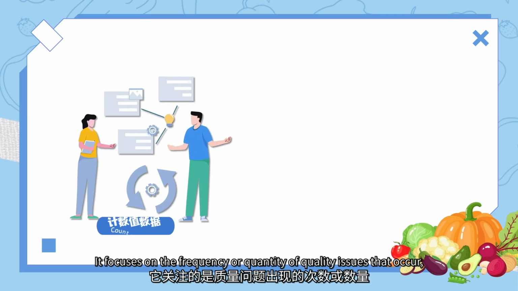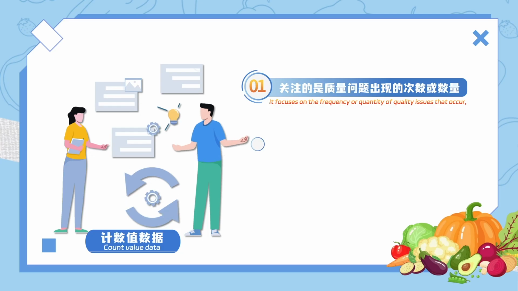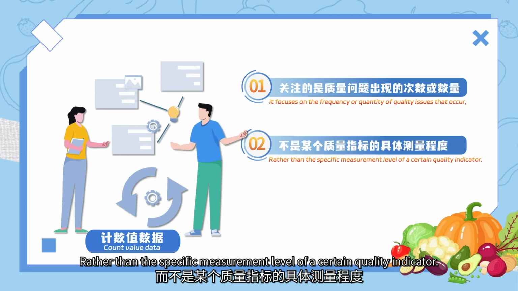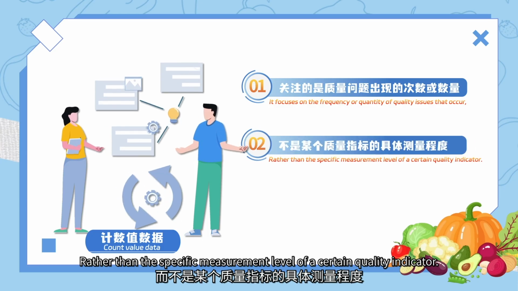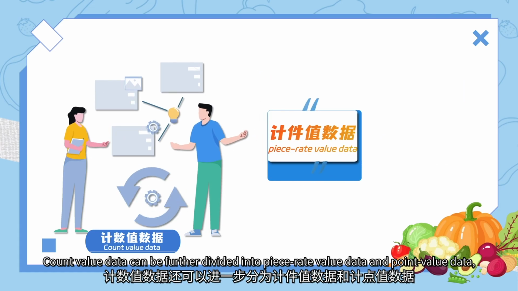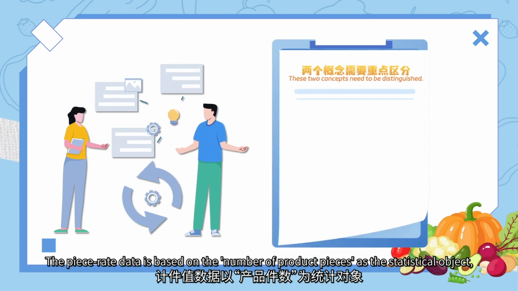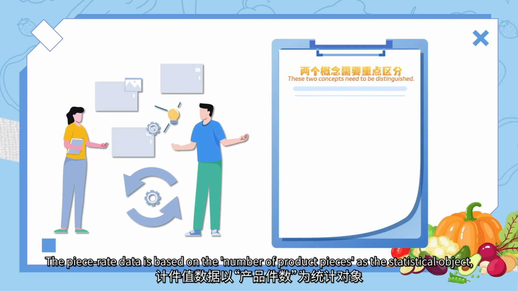It focuses on the frequency or quantity of quality issues that occur, rather than the specific measurement level of a certain quality indicator. Count value data can be further divided into piece rate value data and point value data. These 2 concepts need to be distinguished.